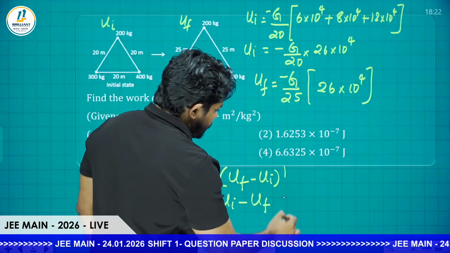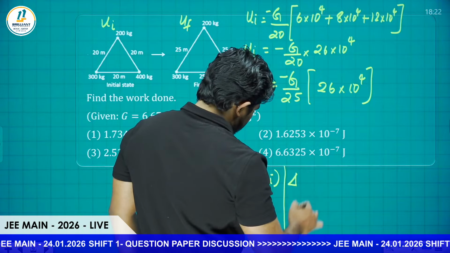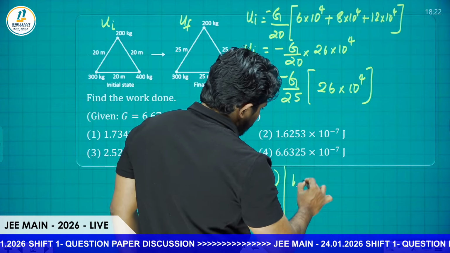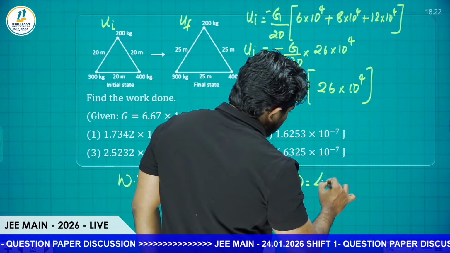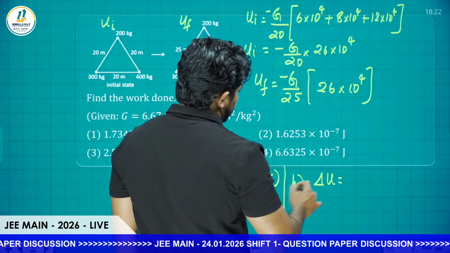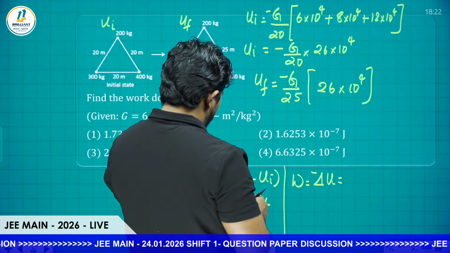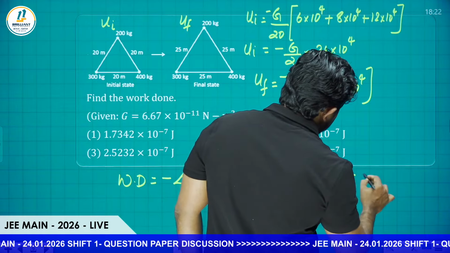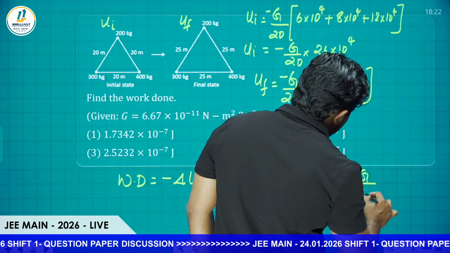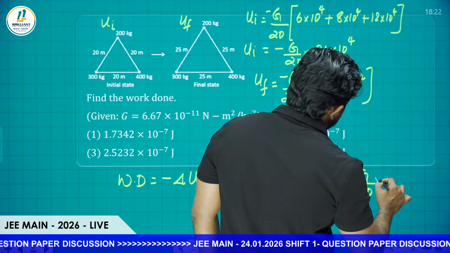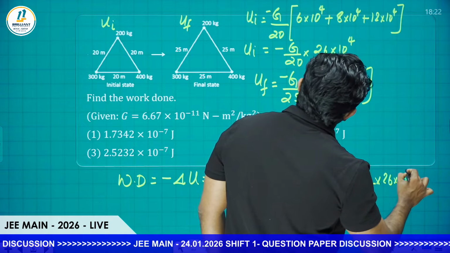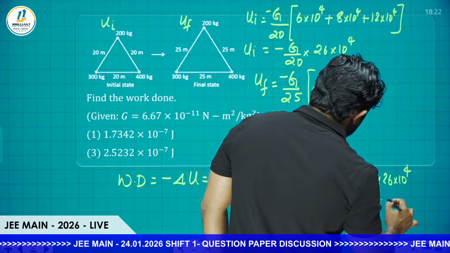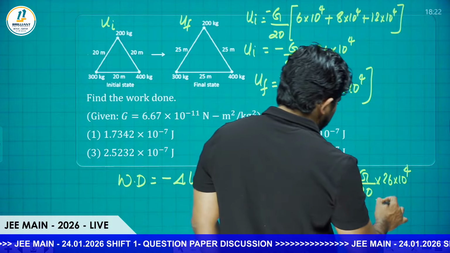So I can write it here like W is equal to minus delta U is equal to, we have already given the minus. So we can write minus G divided by 20 times 26 times 10 raised to 4, then minus, it becomes plus, right?